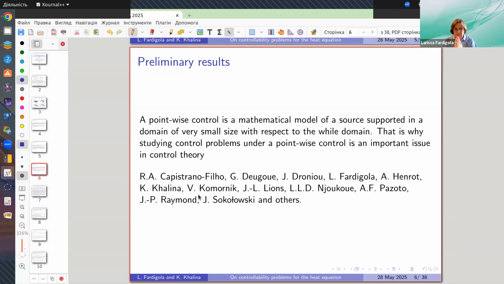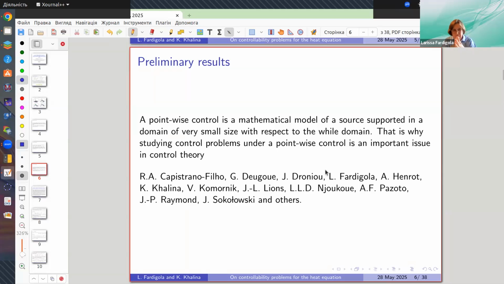Pointwise control, as I have said, is a mathematical model of sources supported in a domain of very small size compared to the whole domain.